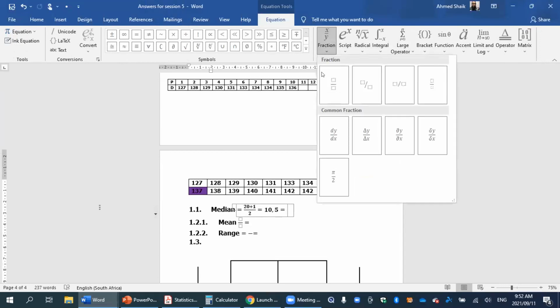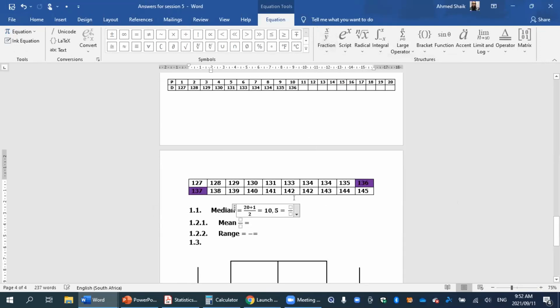So we have to calculate our median. We've got 136 plus 137 divided by 2. Remember, that's the 10.5 position.